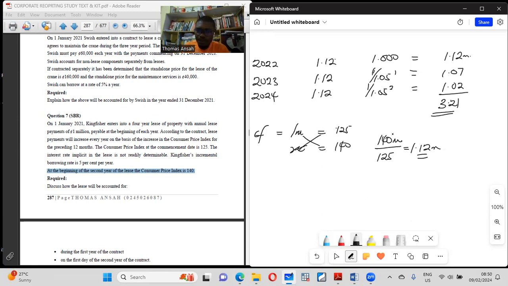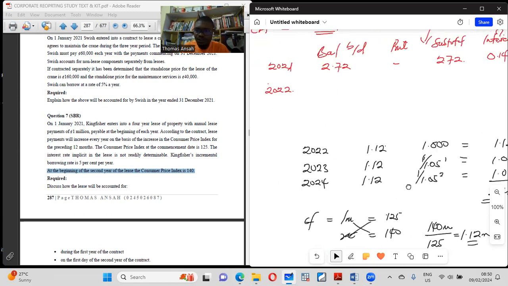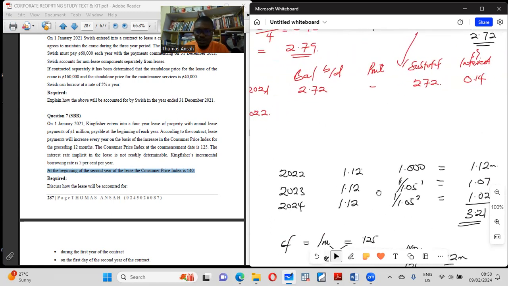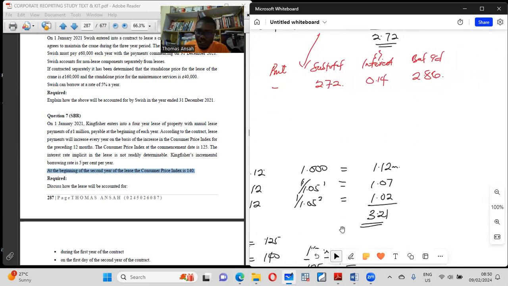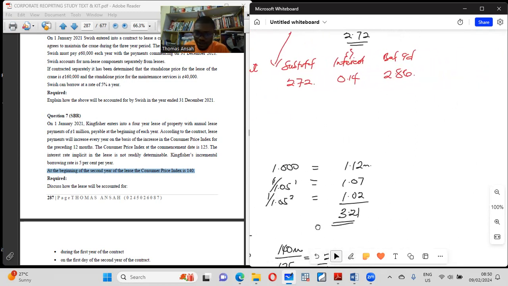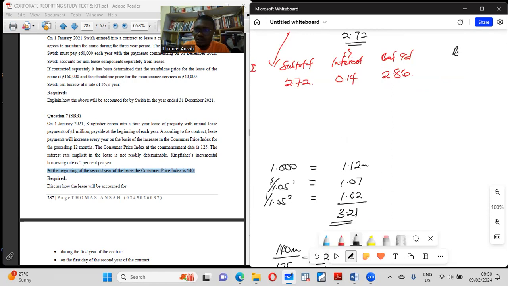I was expecting 2.86, but the liability that I have is 3.21, which tells me that the remeasured balance carried down is 3.21.